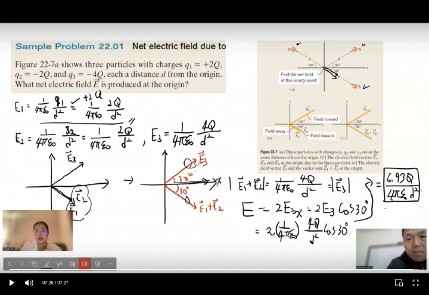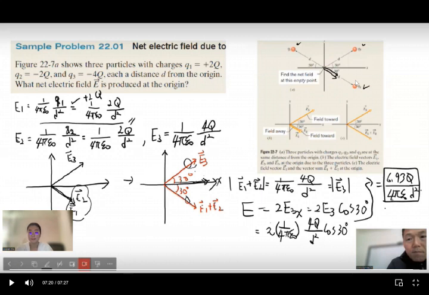Q1 and Q2 sit on a straight line crossing the origin. So if you're sitting in the middle of the XY axes, the field from Q1 is in the positive X direction, and the one from Q2 is in the same direction, the positive X direction. They align on the same straight line between those two charges.